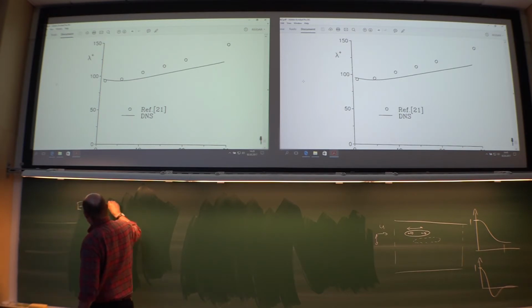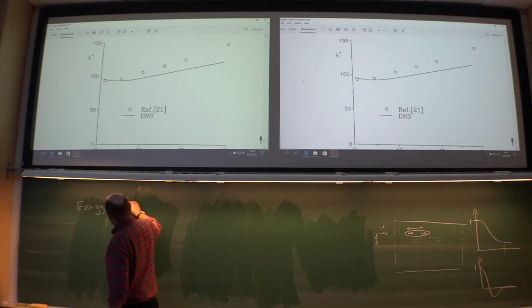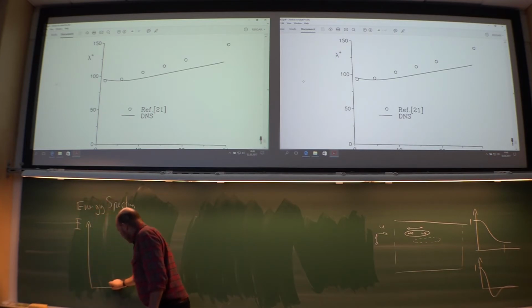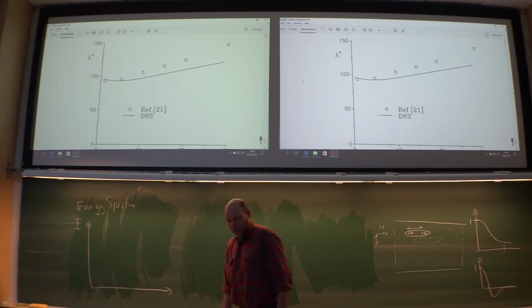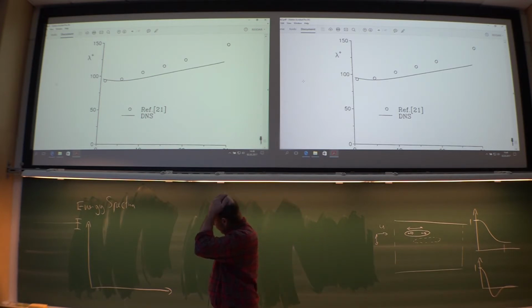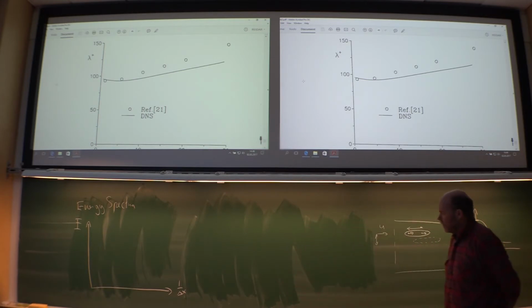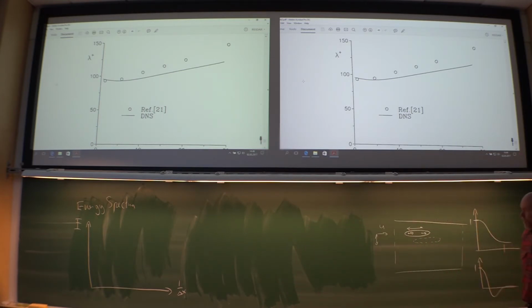Turbulent energy spectra. Here you have an energy, and then you take it as a function of a wave number. A wave number, you can think of it as 1 over delta distance, something like that. So it's sort of the reciprocal of your distance in space.